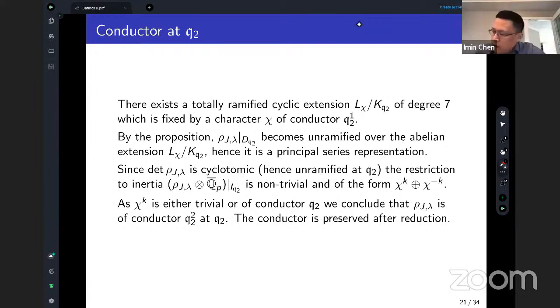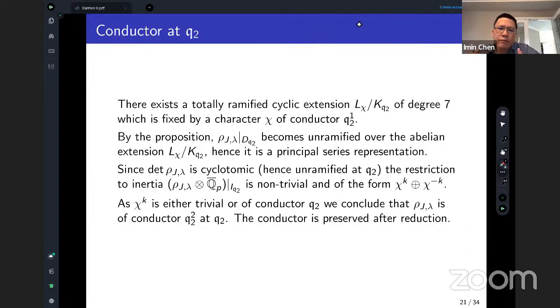We also know that the determinant is cyclotomic and hence unramified at 2, so these two characters have to be inverses of each other. We know that the inertia is non-trivial because of the ramification index 7, and hence chi has conductor exponent exactly 1.